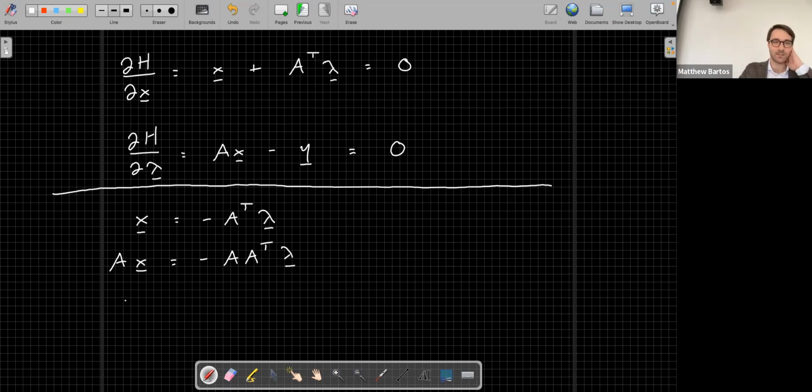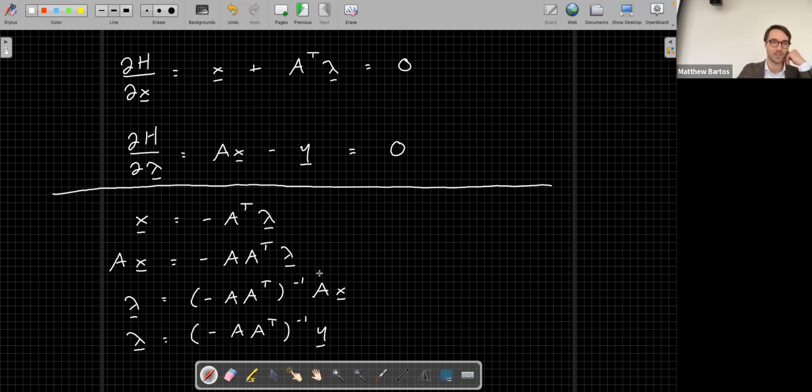So we have that lambda is equal to negative (AA transpose) inverse times Ax. And we know that Ax is equal to y. So we have that lambda is equal to negative (AA transpose) inverse times y.